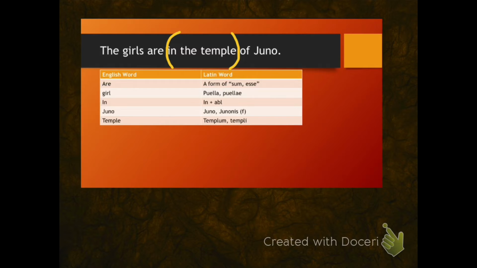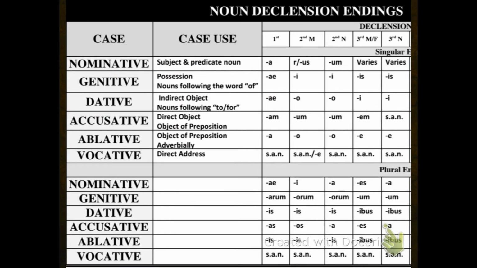Remember that you don't have to do anything with the word in except write it into the sentence. But the word temple, when you write it after the word in, must be written with the ablative ending. In order to know what the ablative ending is for temple, you need to look at its genitive form to determine the declension.